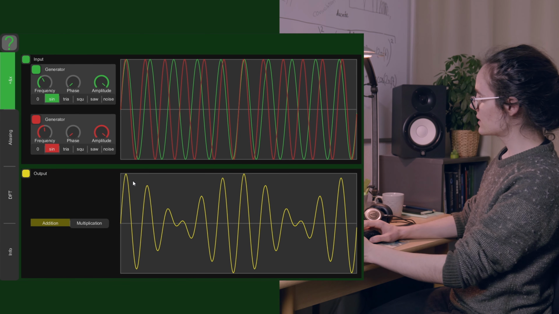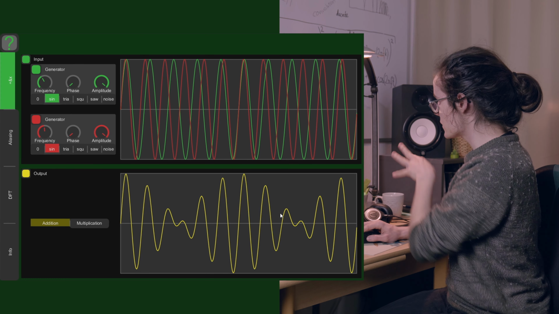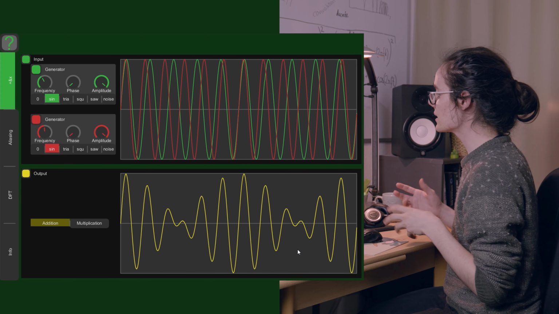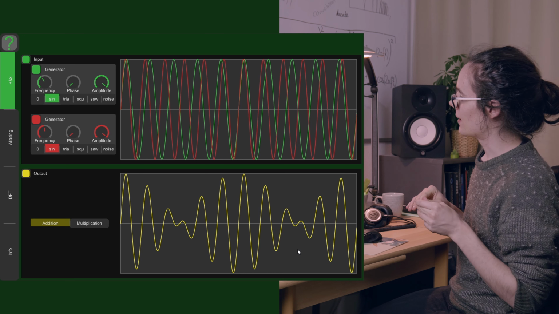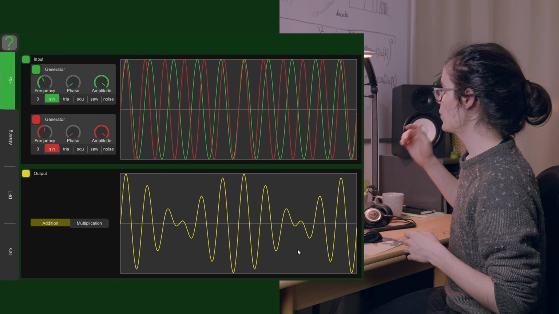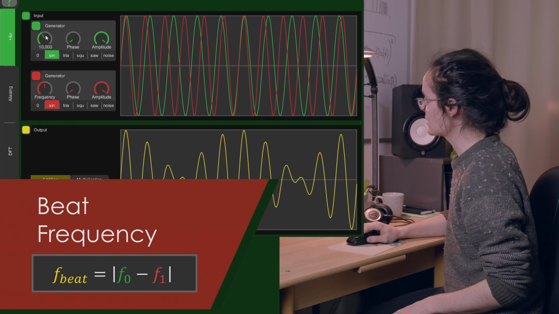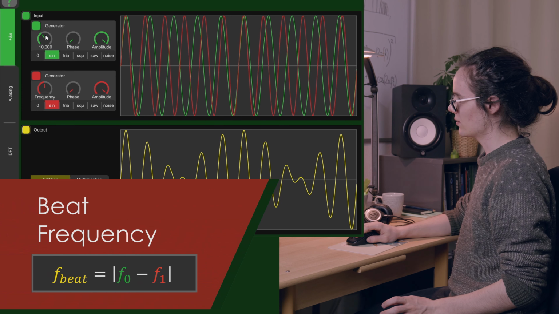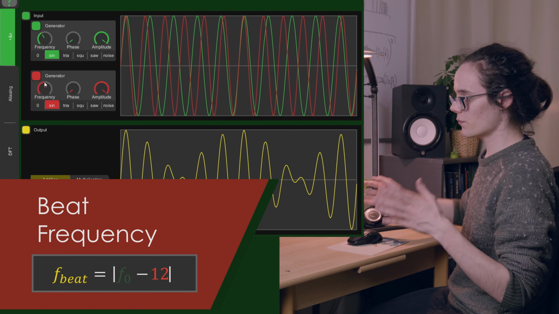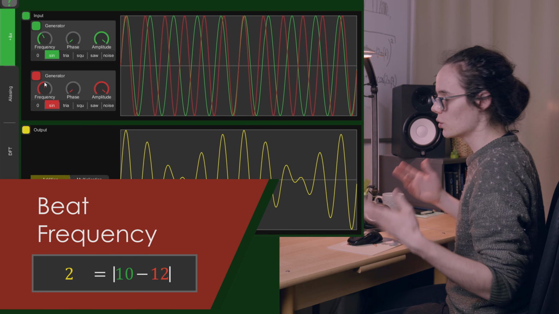Well, the frequency of this kind of swelling up and down, the beat frequency, can be calculated by calculating the difference between the two sines that we add together. In this case, we have a frequency of 10 and a frequency of 12. So the difference between those two is 2.